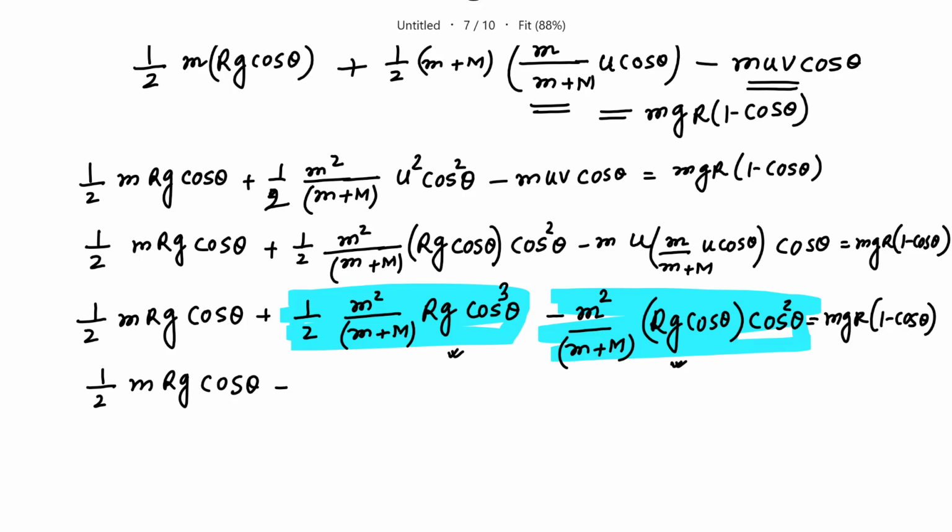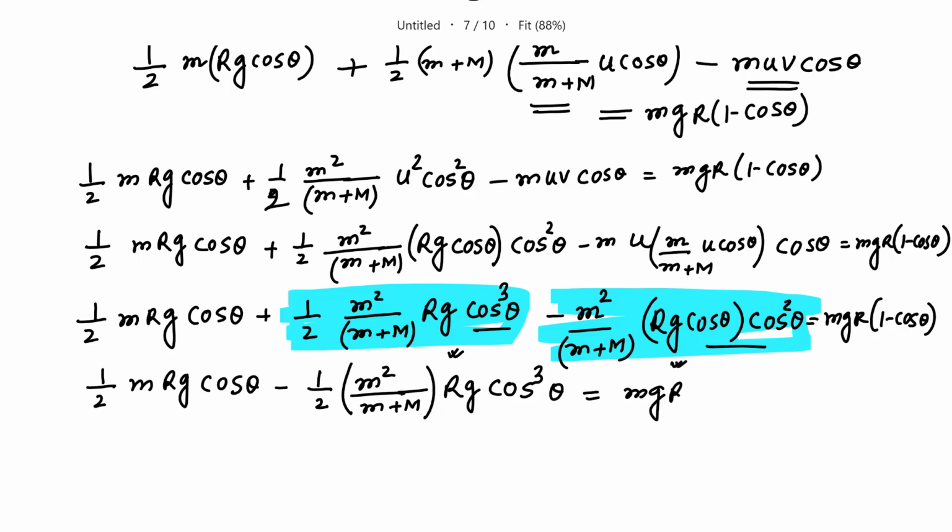Here also you have cos cube theta, here also you have cos cube theta. So this will be minus half m square divided by m plus M rg cos cube theta. This is equal to mgr (1 minus cos theta).